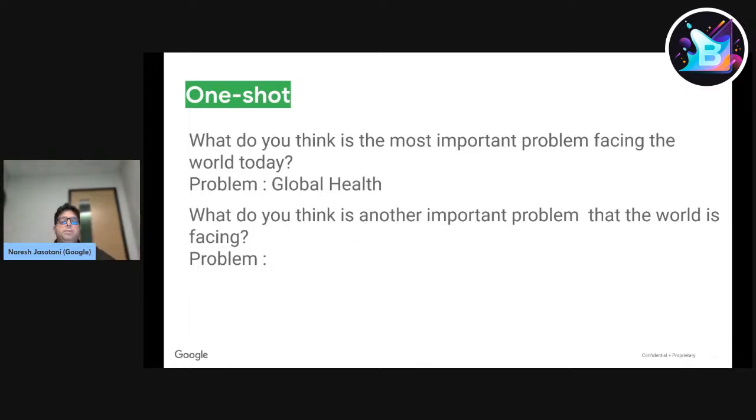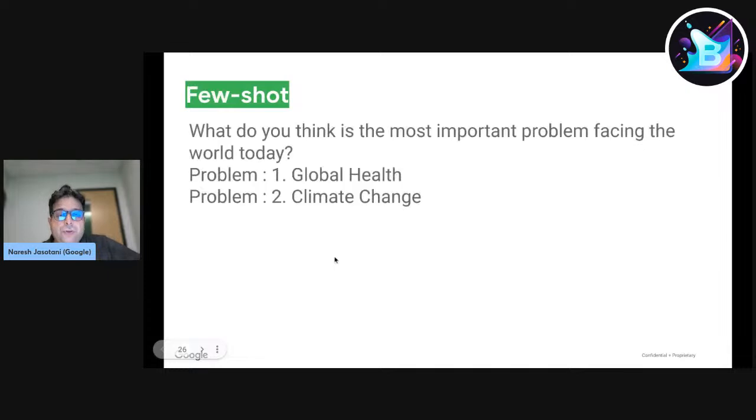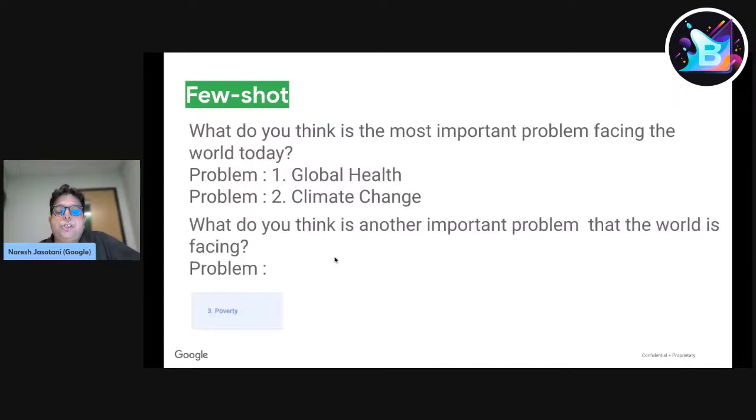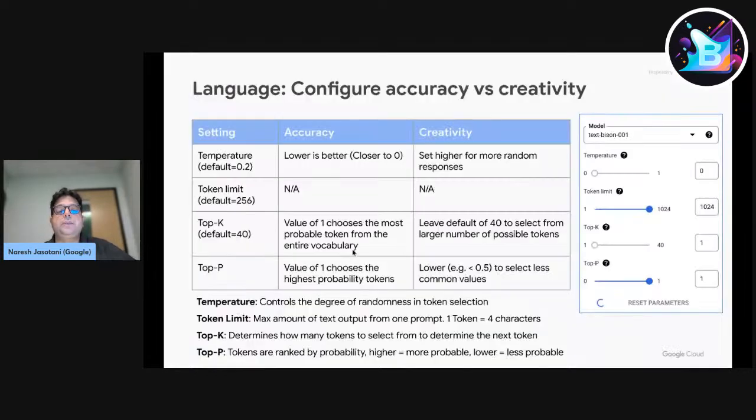You provide an example and ask it to find something else. And few shots, you provide a few examples. This is global health and climate change already. It's going to find the third one, poverty. So zero shot, one shot, and few shots are different types of prompt tuning.